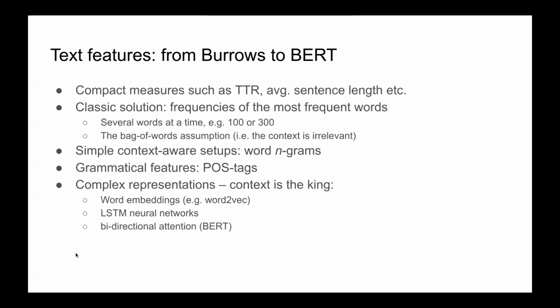And there are other neural network setups in which the previous context is relevant. So this is long short-term memory, for example, neural networks, which are aware of what has happened previously, and they model the next word according to the previous context. And there's also a super fancy approach, which is, everyone is using BERT.